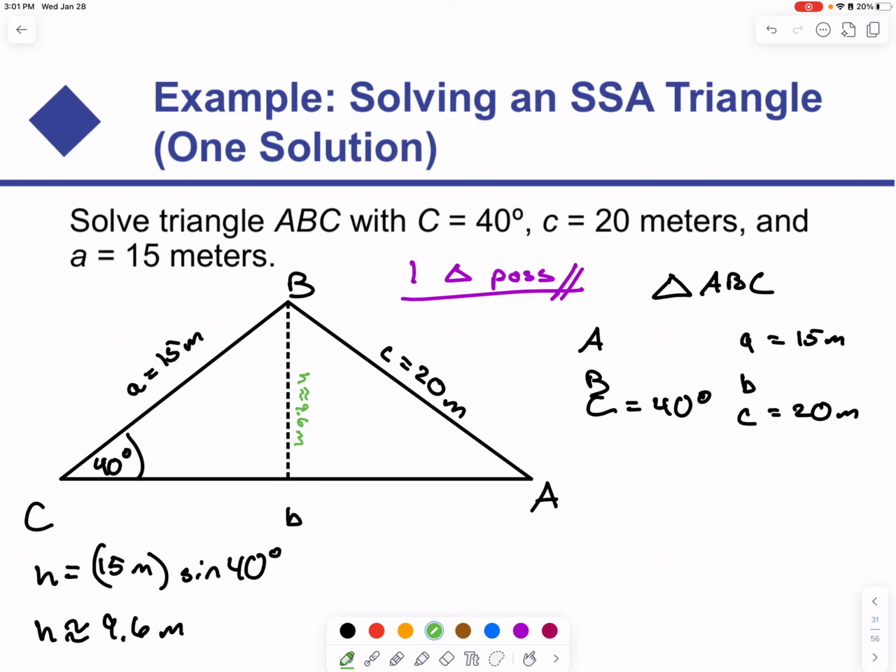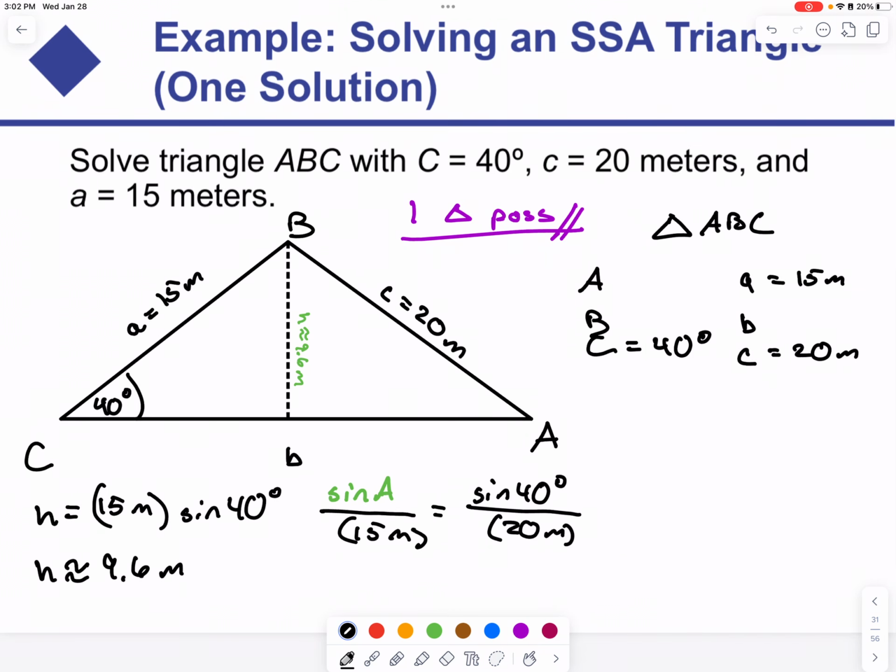So it should be the case that the sine of angle A divided by little a, which is 15 meters, should equal the sine of 40 over that 20 meters.